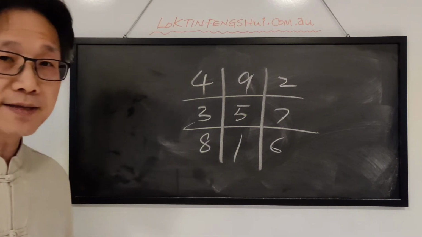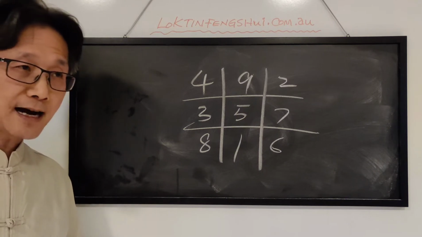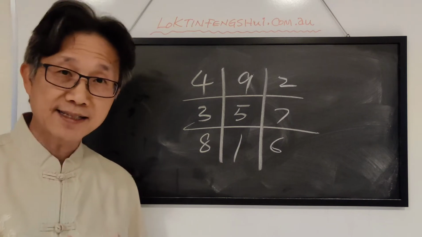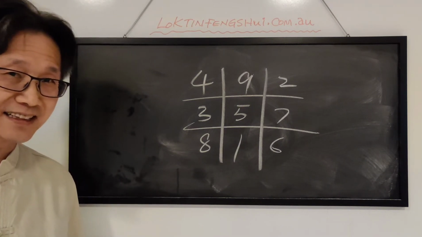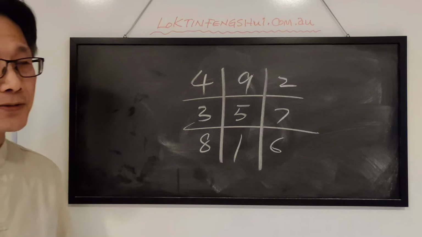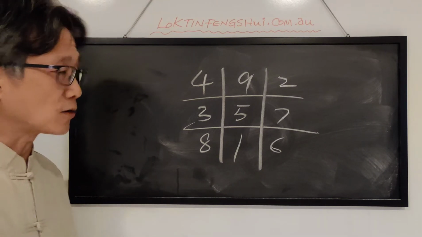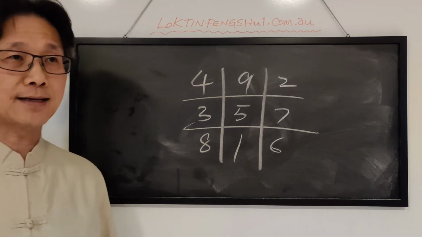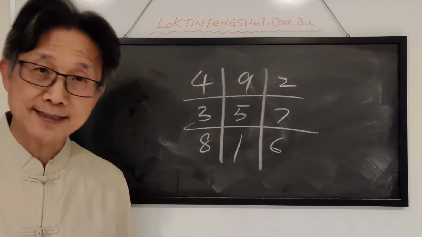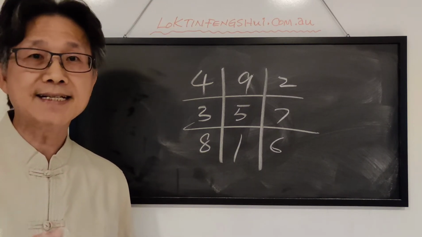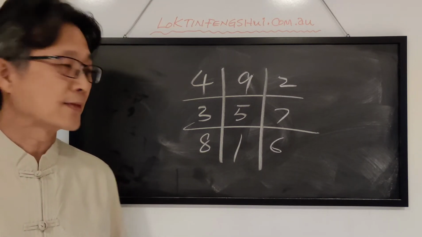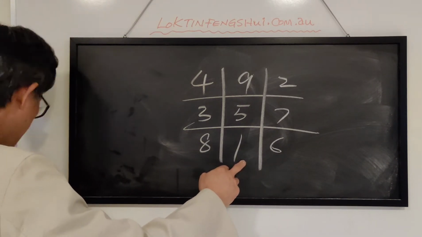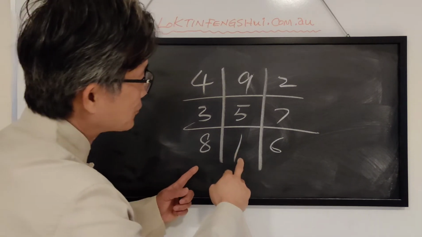The time can be 180 years, 20 years, 1 year, 1 month, 1 day, 2 hours, right? In this Lo Shu formula, to look at a place or a city, we use a 20-year cycle, and each of these numbers represents 20 years.